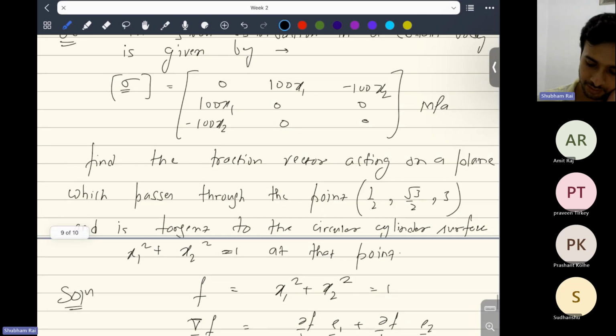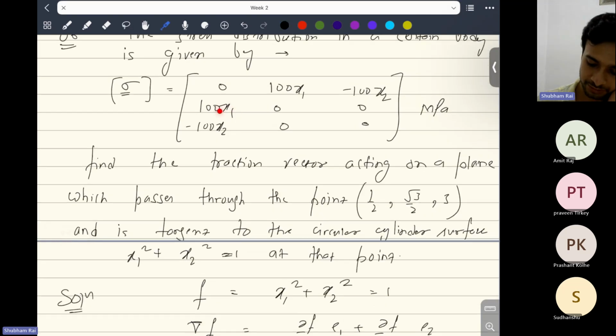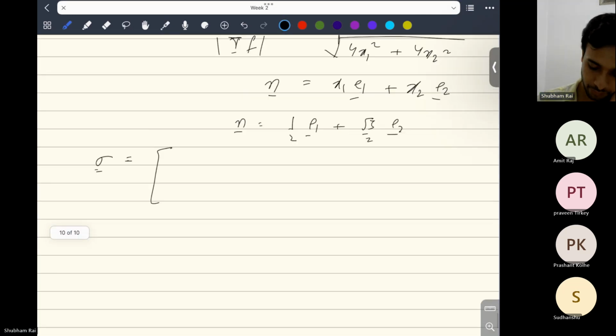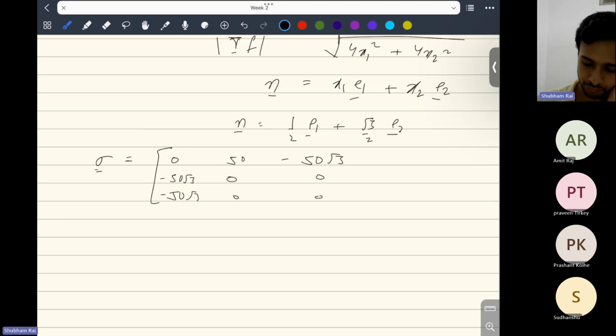You have this expression here. You put the value of x1, that is 1 by 2. This will be 50, this will be 50, this will be minus 50 root 3, and this will be minus 50 root 3.